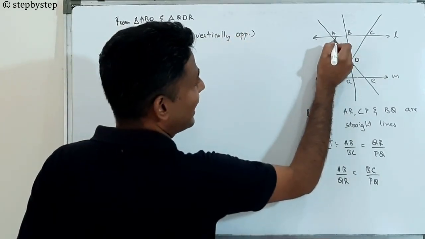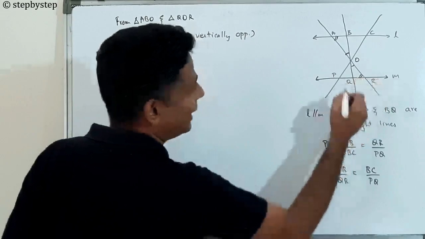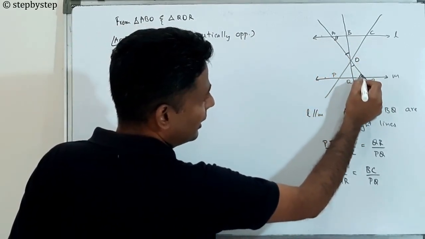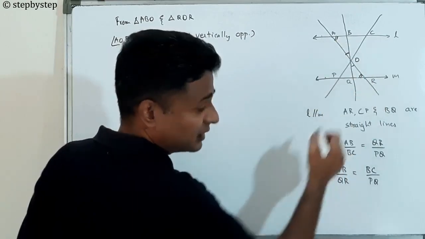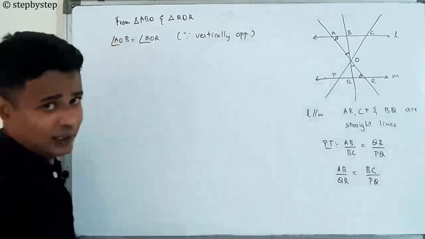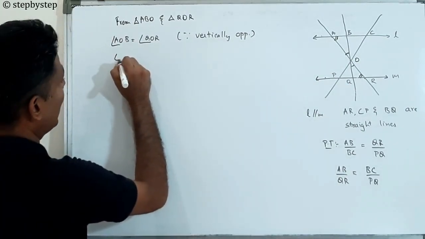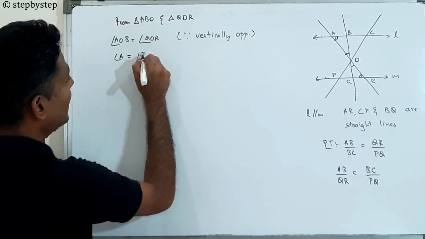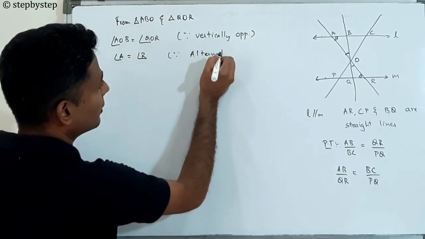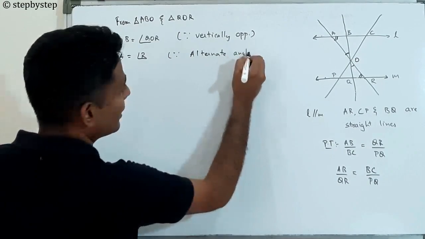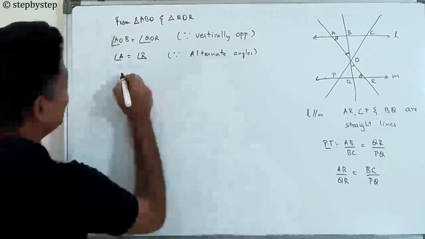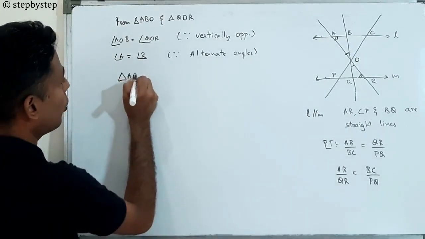Also we can say this angle is equal to this angle. Why? L and M are parallel, so this is a straight line cutting across the two parallel lines. So this angle and this angle are alternate angles, so they will be equal. So angle A equal to angle R because alternate angles, right?